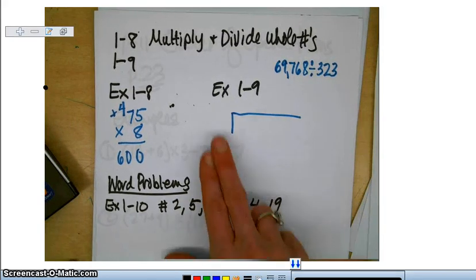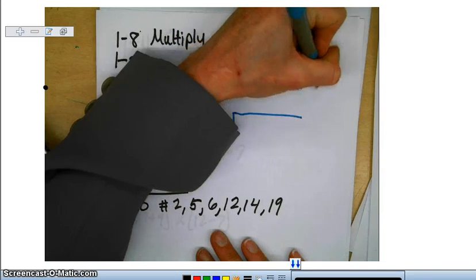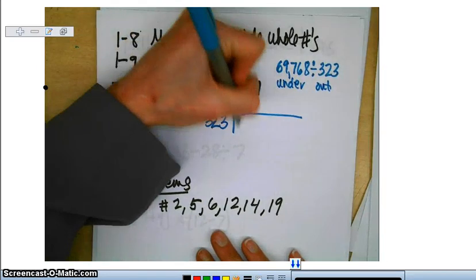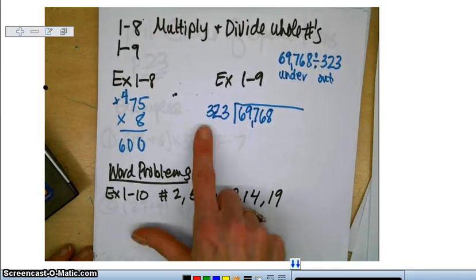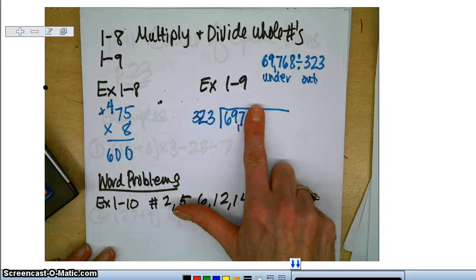The way I set that up in long division is the first number goes under and that one goes on the outside. So I'm going to divide by 323 into the first digits. Now I have 3 digits here, so they have to go into these first 3 digits. So I'm only looking at these first 3 digits to start.